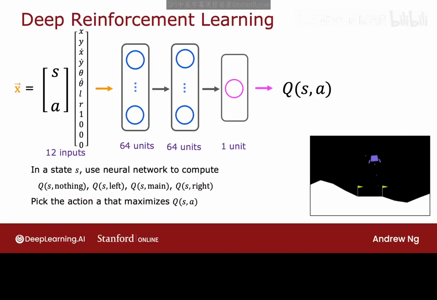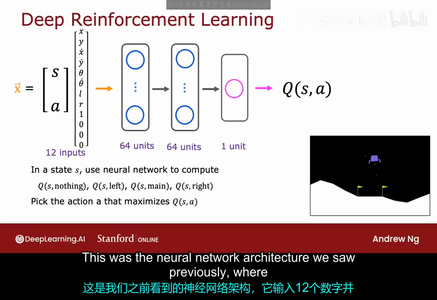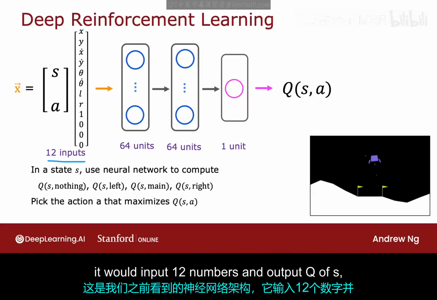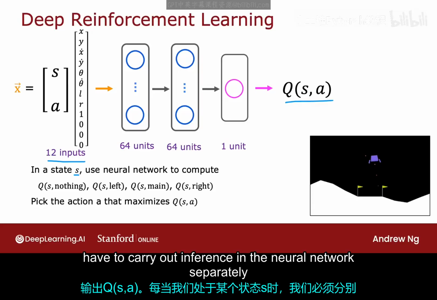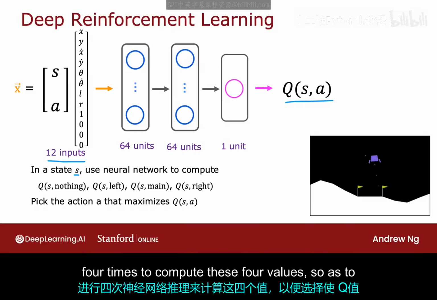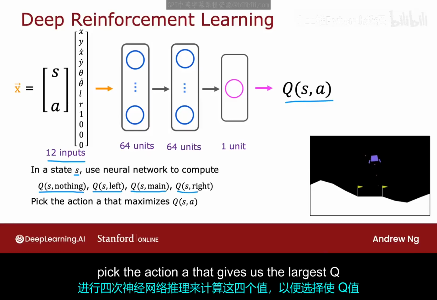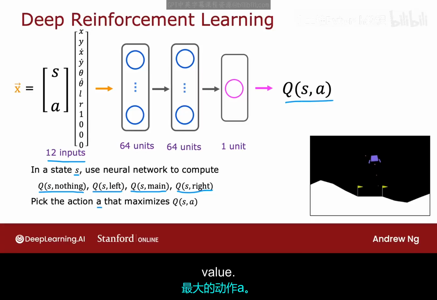Let's take a look. This was the neural network architecture we saw previously, where it would input 12 numbers and output Q of S, A. Whenever we are in some state S, we would have to carry out inference in the neural network separately 4 times to compute these 4 values so as to pick the action A that gives us the largest Q value.